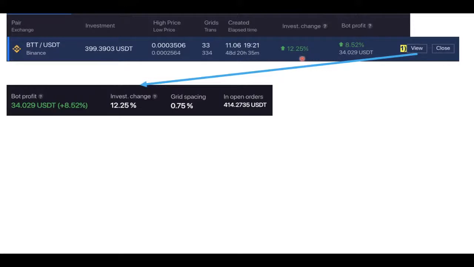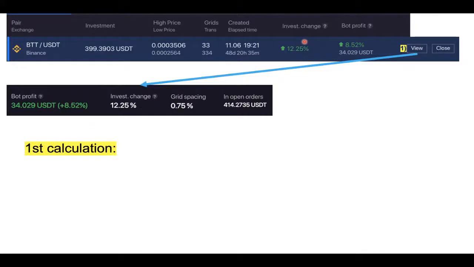And the way the bot has managed to achieve this investment change is because the price of the base currency was moving upwards. So that means the value change was positively affected, and the bot was making profits for me in the quote currency. So this 8% is already priced in the investment change.